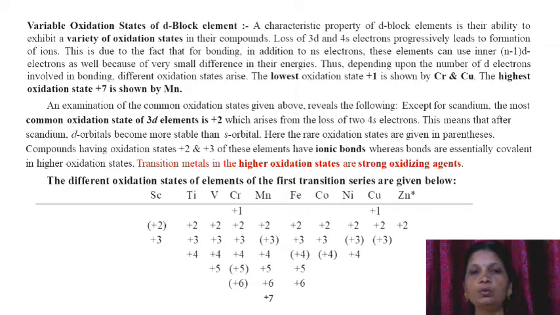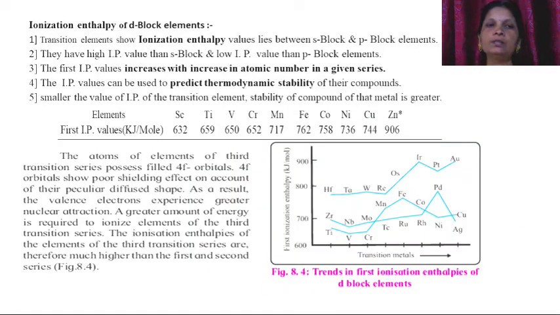All the elements will show the +2 oxidation state, and except zinc all the elements show +3 oxidation state. From titanium to nickel we see the +4 oxidation state, and from vanadium to Fe we see the +5 oxidation state, and chromium, Mn, Fe will show +6 oxidation state, and only Mn shows the highest oxidation state, that is +7. Now let us discuss the ionization enthalpy of D block elements.